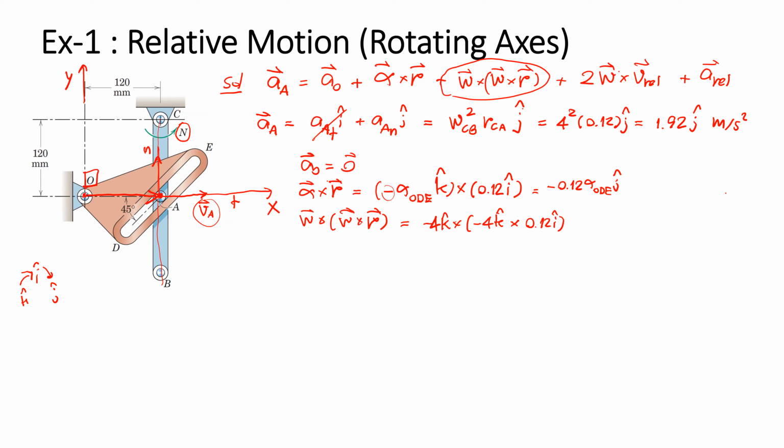It is from here to here, the distance will be 0.12, and the direction will be in the positive i direction.